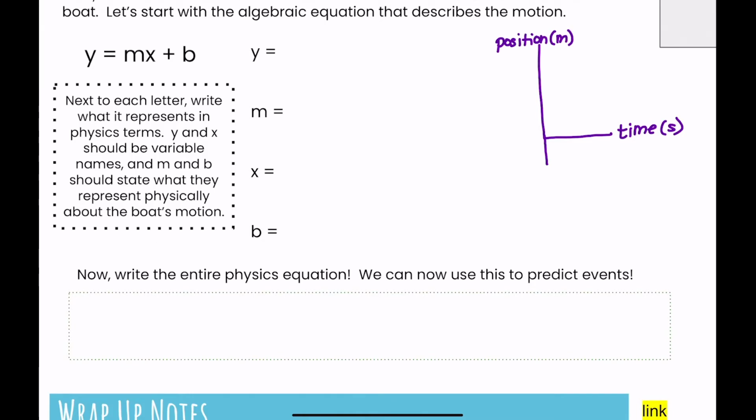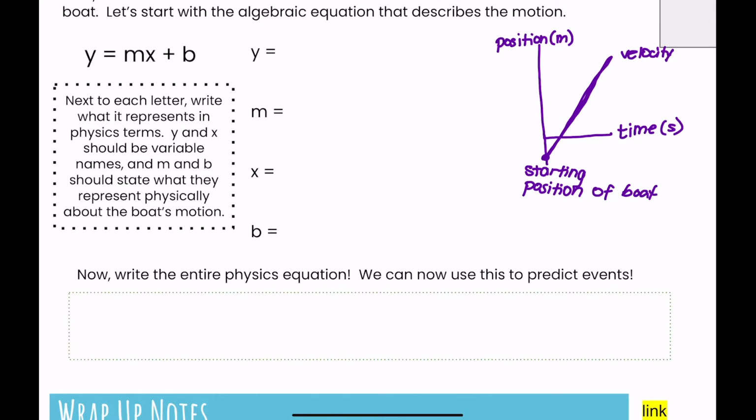And we have a line here, which is our slope, which tells us how fast the boat was going, so it's a speed. So the velocity of the boat. And the y-intercept tells us where the boat started, so the starting position of the boat.